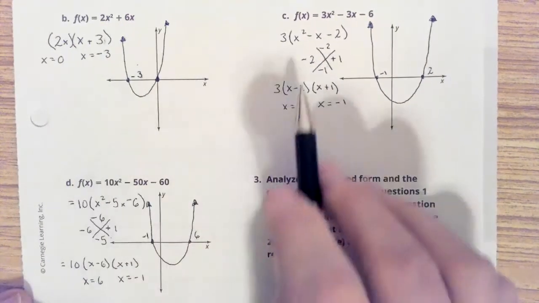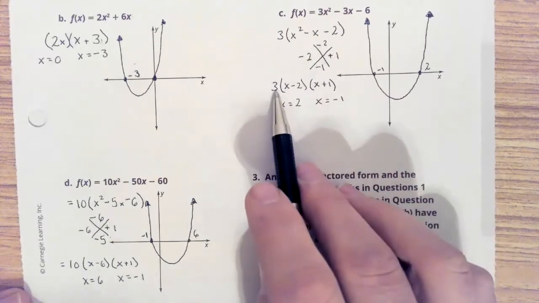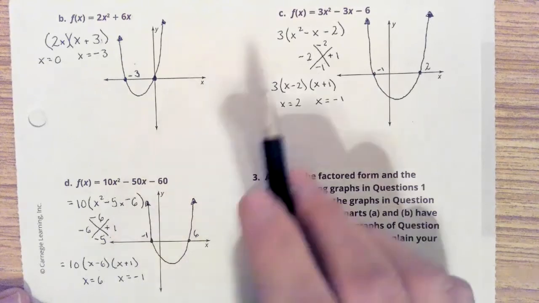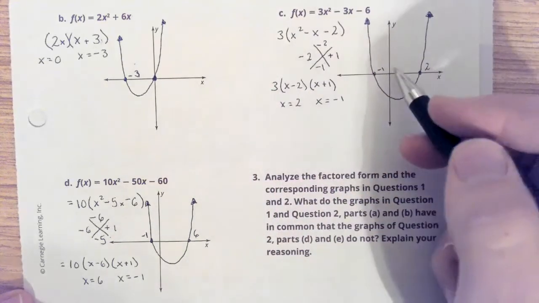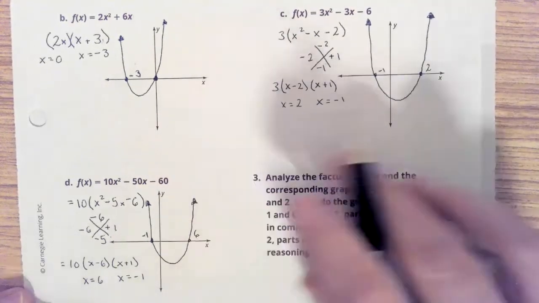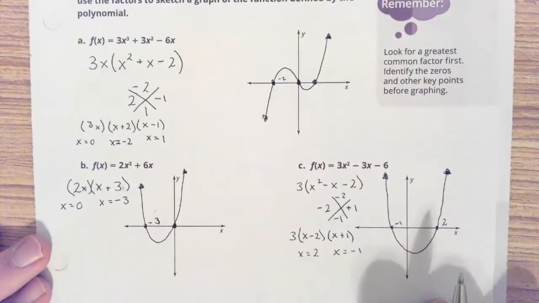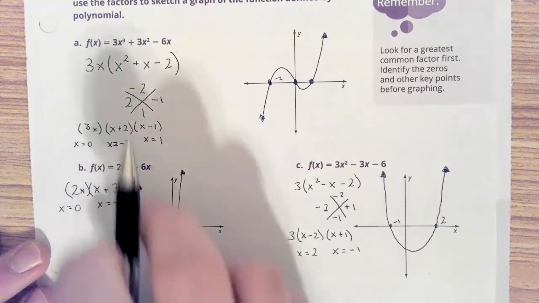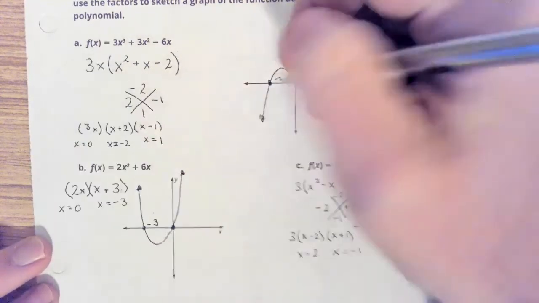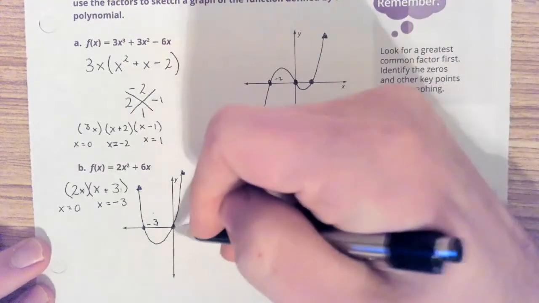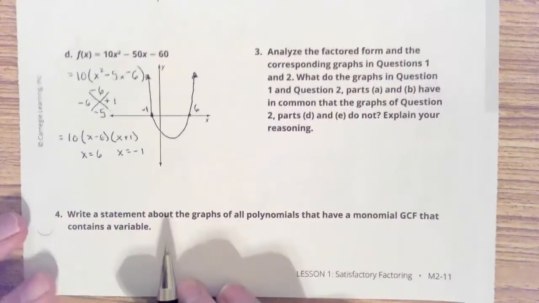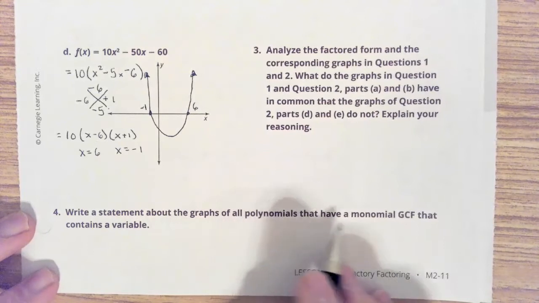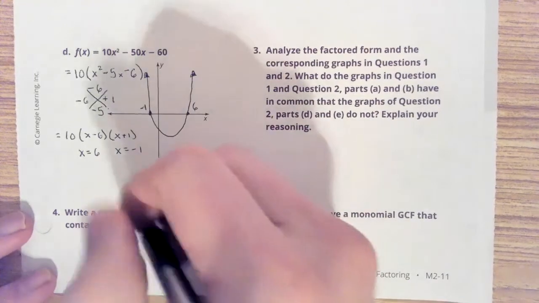Like part D and part C, those greatest common factors did not have a variable. And notice that our function never crossed the origin. Now, if we take out a greatest common factor, and it does have a variable attached to it, like this one and this one, they do cross through the origin. And that's really all this question is getting at, I think. Write a statement about the graphs of polynomials that have a monomial greatest common factor with a variable.